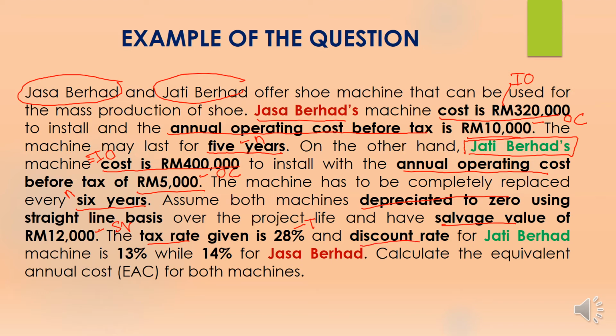The discount rate here represents I. So I for Jati is 13% and I for Jasa Berhad is 14%. Based on the information, the question asks to calculate the equivalent annual cost, which is EAC, for both of the machines.